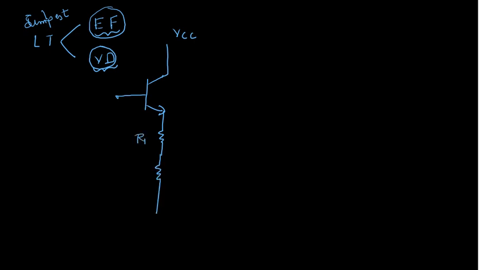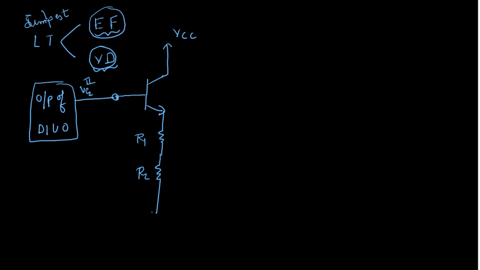So the output of the second stage, which is the output of the dual input unbalanced output amplifier, will be fed to it. So we take the output at VC2 of the second stage and we feed it to this. And we choose our R1 and R2 values in such a way that we get 0 here.